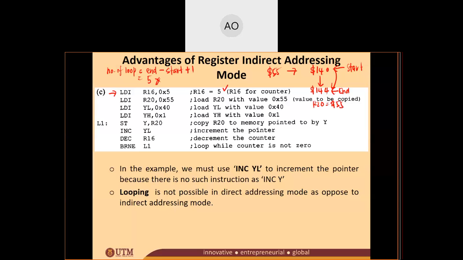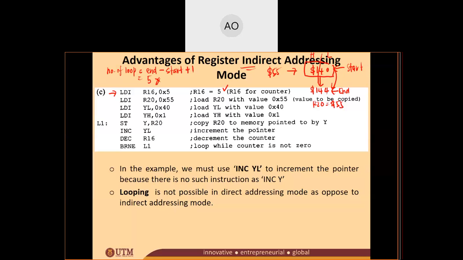And then because this is indirect addressing mode, you need to use a pointer register, either X, Y, or Z. So we use the same pointer register. What is our starting address? Address 140. So you divide this address so that it has 2 bytes: one is the low byte and the other is the high byte of your address.